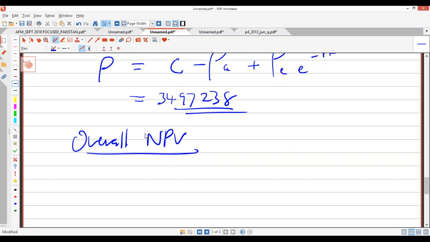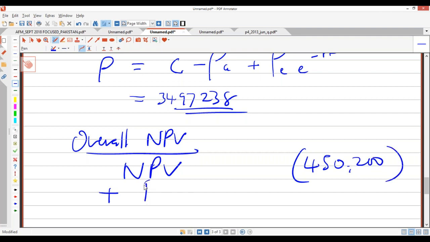You do this method: you take your original NPV, you plus the option value, which is negative earlier, and you're going to have the real option value, which is 34.97,238.